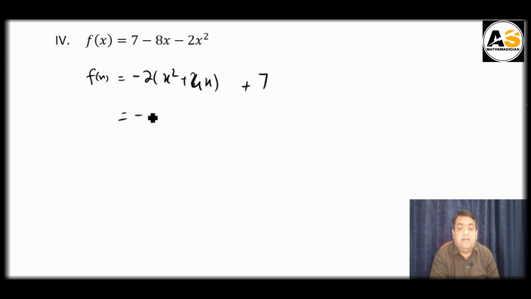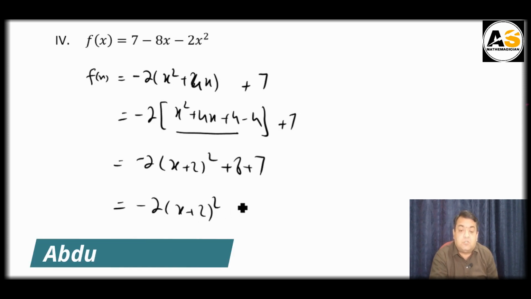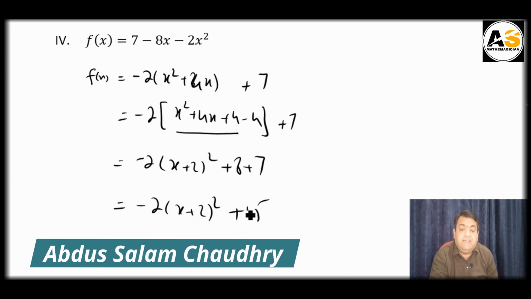The first term is written at the end. Now I will complete the square within the bracket. This will be negative 2 times. These three terms are the square of x plus 2. Minus 4 and minus 2 will be multiplied to plus 8. And minus 2 times x plus 2 whole square plus 15.